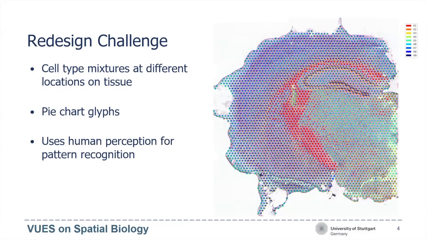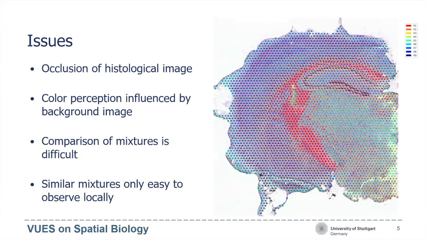The scatter pie visualization is superimposed onto a histological image so that analysts can relate the observed patterns to the tissue. Now, while this whole visualization is effective, it comes with a few drawbacks. For example, the histological image is occluded by the pie charts.